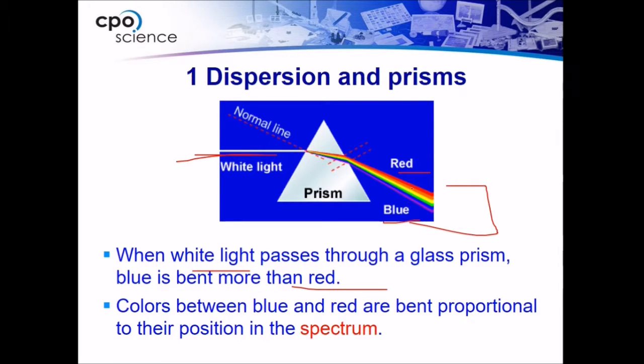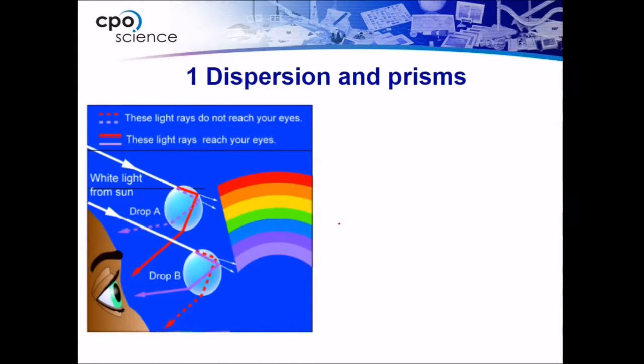This is because the wavelength of blue is shorter than the red one. So colors between blue and red are bent in proportion to their position in the spectrum.